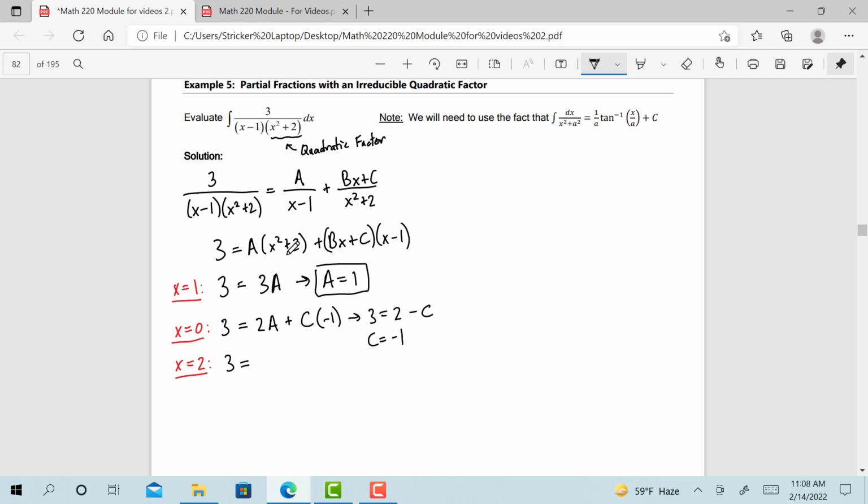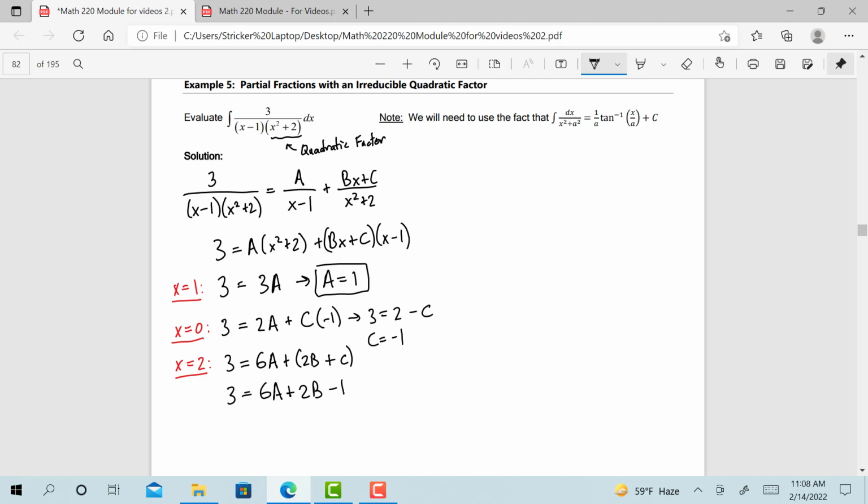All right, and then the last one, when we plug in 2, we get 3 equals 2 squared is 4 plus 2, 6a plus 2b plus c times 1. But of course c is negative 1, so we have 3 equals 6a plus 2b minus 1.